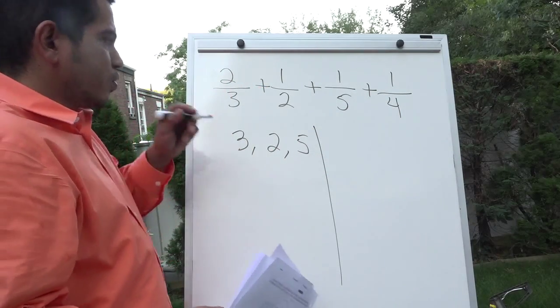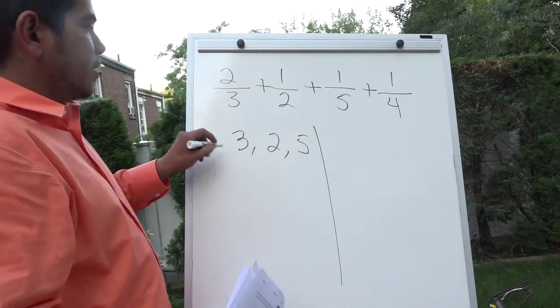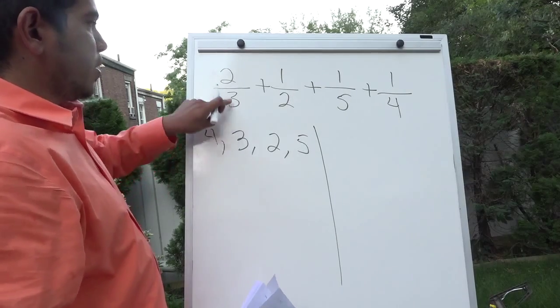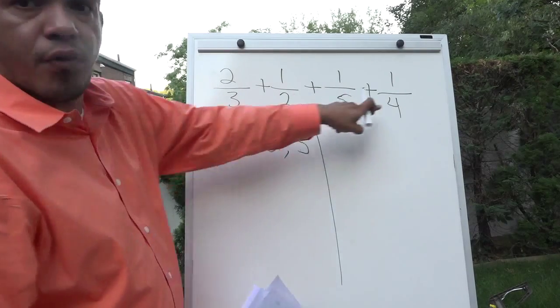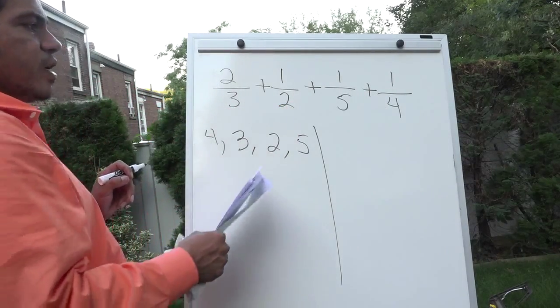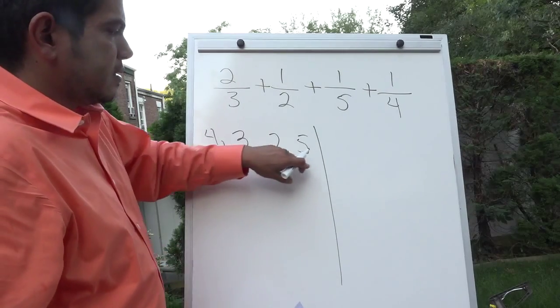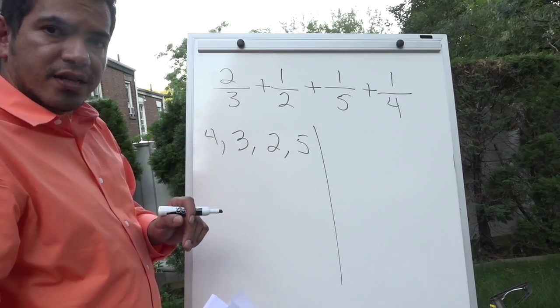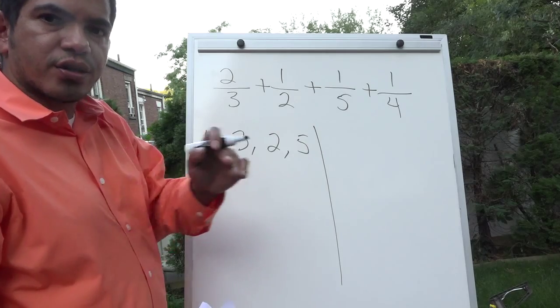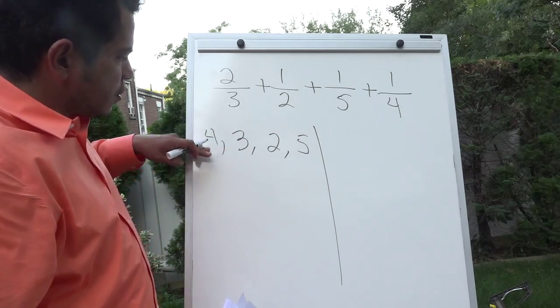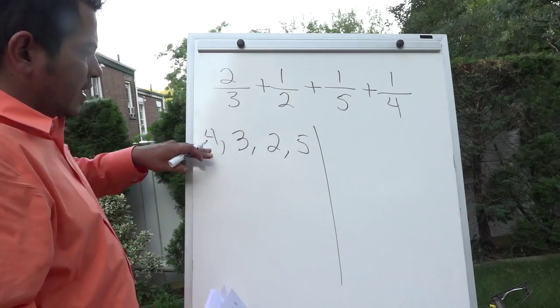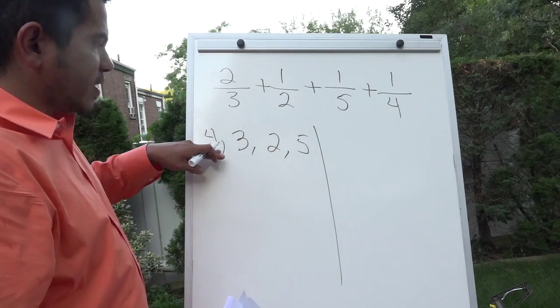All right, so what you're going to do is the following. You take all the denominators, 3, 2, 5, and 4, okay? And now you are going to divide by the lowest number possible except 1. You're going to start dividing at 2. So first, look at these numbers and say, okay, can I divide any of these numbers by 2?